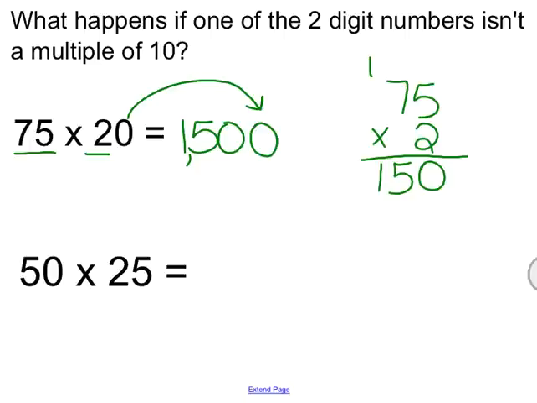Okay, so let's look at the next one. 50 times 25. Well, I really don't want to work with the 0 because I want to add that 0 to the end. So I want to solve what 5 times 25 is. And I don't know what that is, so I have to go do the work. And thanks to Chapter 2, we can multiply a 2-digit by a 1-digit number. So I will show you that off to the side using the traditional method.